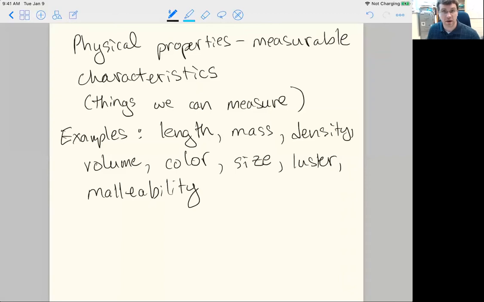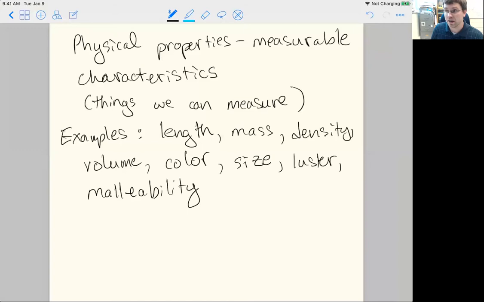Some of these are fairly clear. How many times have you made an observation about an object's size? Probably frequently, probably constantly. That's really us assessing a physical property of an object. On the topic of size, we could think about length and volume.